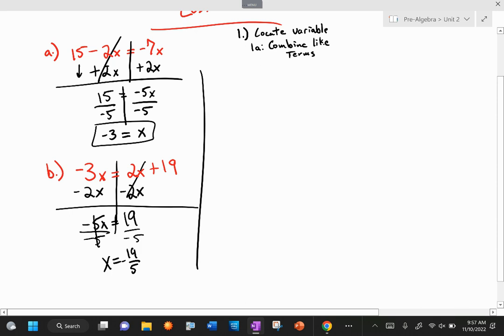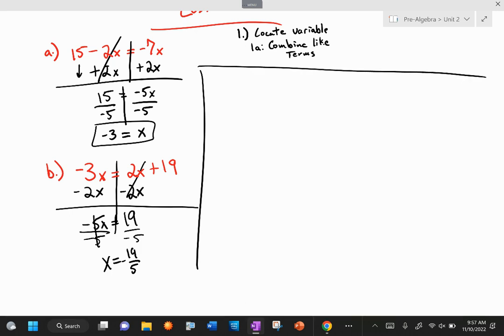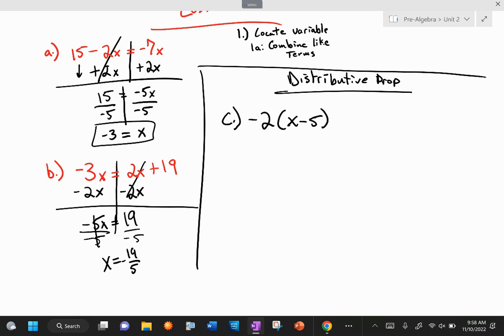Okay, next section. You can just keep moving down your page. Let's call this letter C, an example with distributive property. We're going to have negative 2 times (x minus 5) equals 6 times (x plus 2).